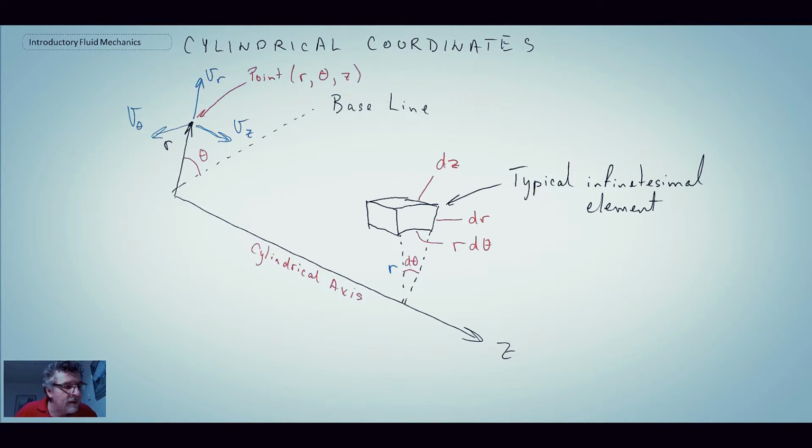Now, when we look at this, there are a few things that we can write out, transformations between Cartesian and our cylindrical coordinate system. Firstly, we can write r and express that in Cartesian. We can also express theta, the angle, as the arctan. And finally, z maps directly to z, so we don't have to do any transformation there. And in our relationship here, Vr is the radial velocity.